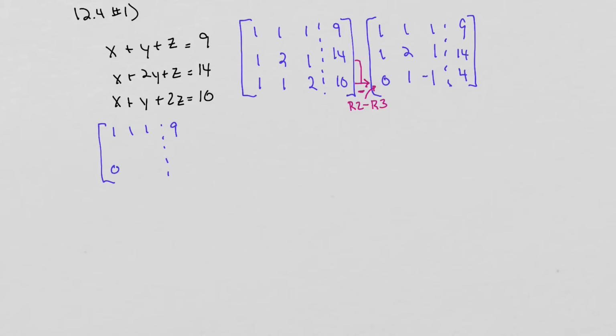Bottom row 0, 1, negative 1, 4. And now in the middle here, I'm taking row 1 minus row 2, and I'm writing that down here in the middle. So row 1 minus row 2. 1 minus 1 is 0, 1 minus 2 is negative 1, 1 minus 1 is 0, 9 minus 14 is negative 5, and I double check the arithmetic.